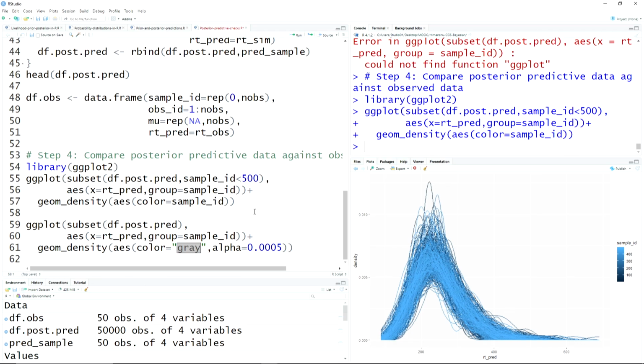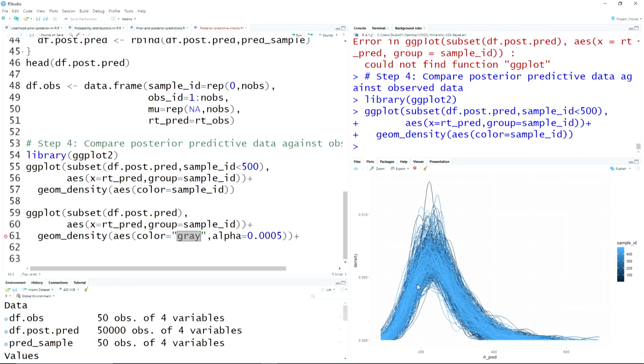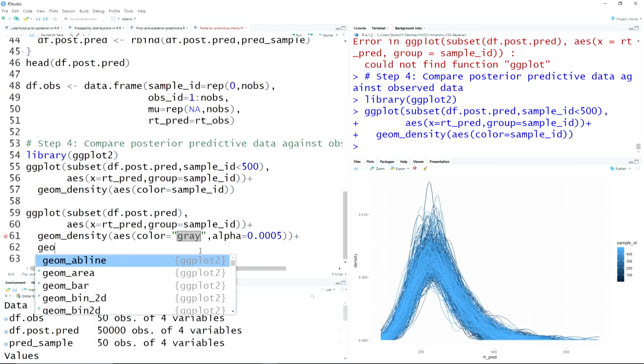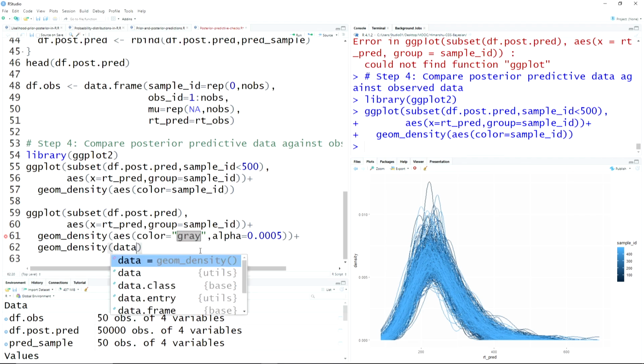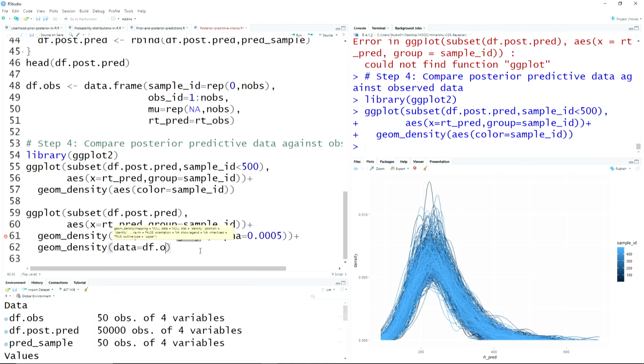Now, let us compare this with actual observed data. In this plot, I am plotting all these posterior predictive data in gray color, and I will plot the observed data in red color, so that we are able to see it properly.